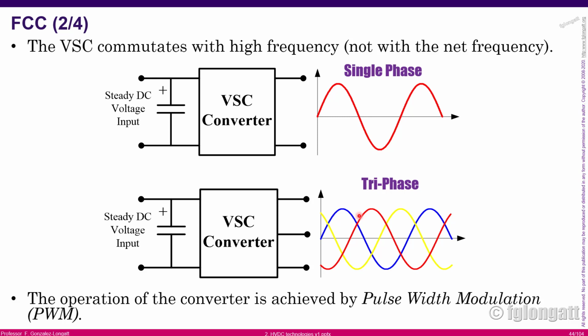Now, the problem is that right now you have a switch that you can open and close. The sequence of signals that you use to open and close those devices receives the name commutation switching signal, and there are many techniques to do this. One of them is pulse width modulation, or PWM.